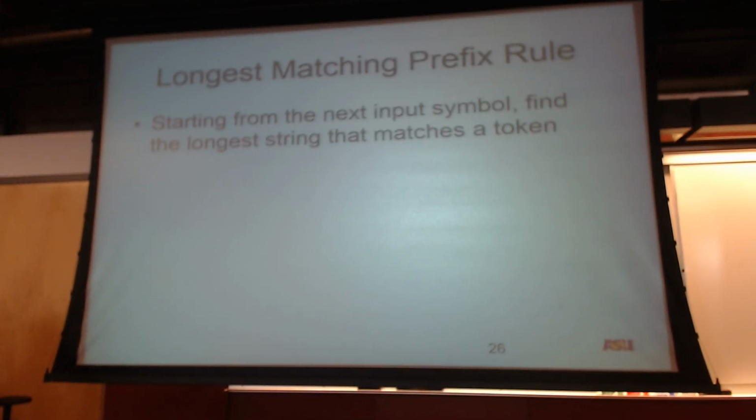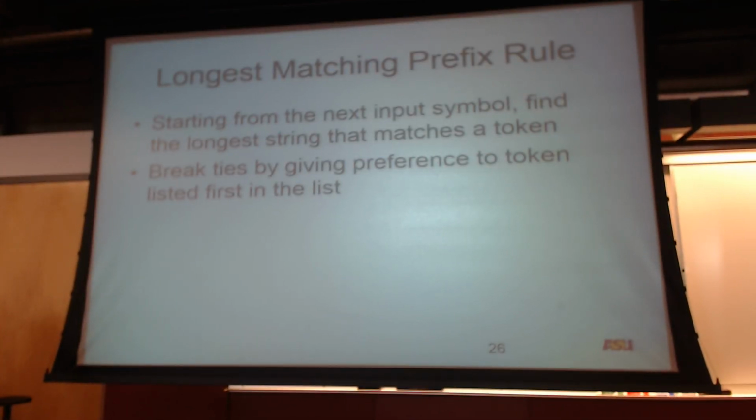Starting from the next input symbol, if you just started reading this string then it is the first input symbol, find the longest string that matches a token. You start from the left and go towards the right, whichever matches: the longest prefix that matches a regular expression.